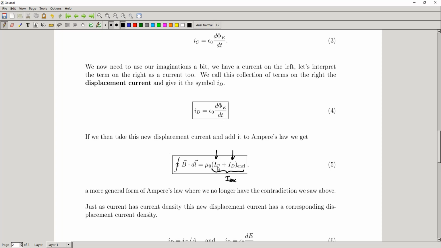And so now we have two different potential ways to get a current when we're looking at current going through our open surface.